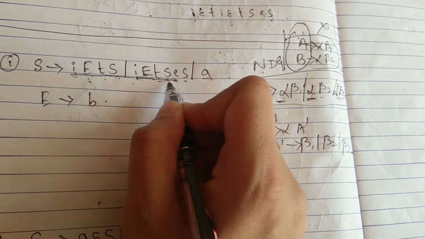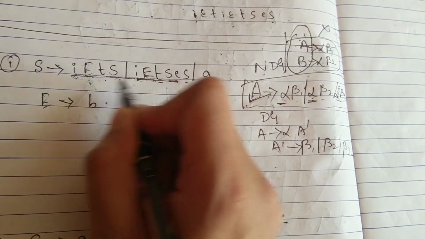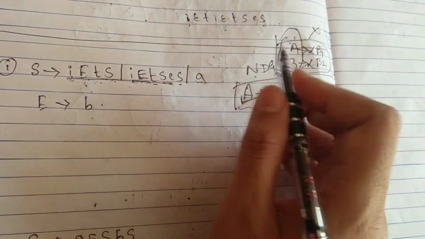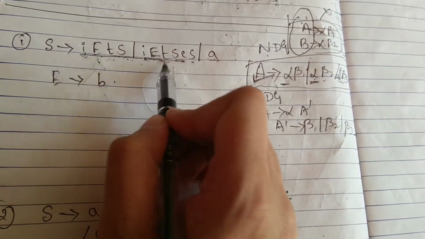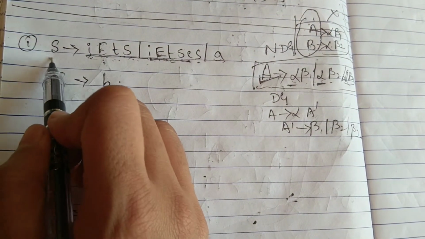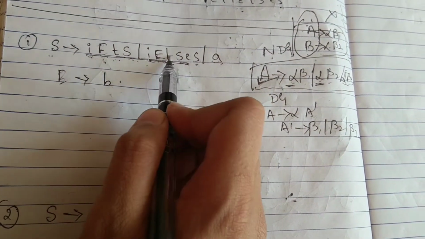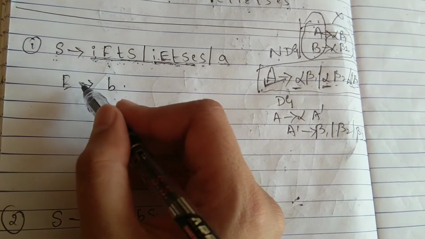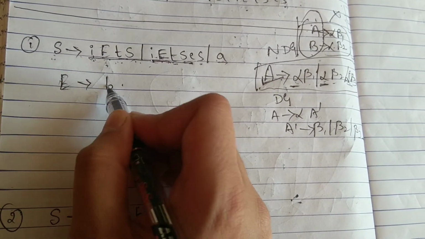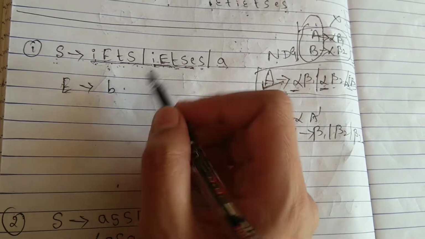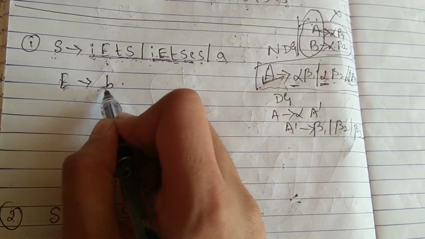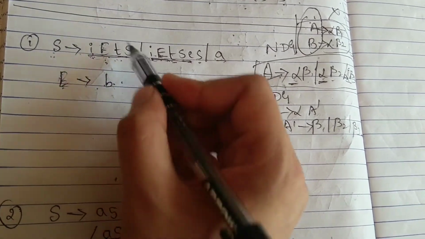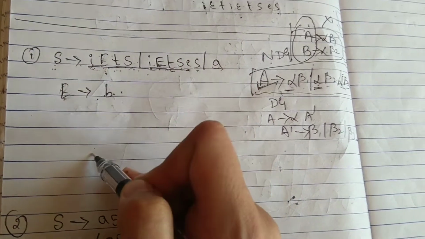Only the else part is left, and we have a. So here we have a common prefix for a single variable, and one more variable we have, E tends to b, where expression is nothing but Boolean expressions.